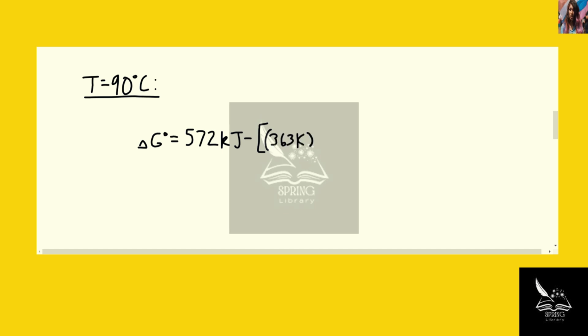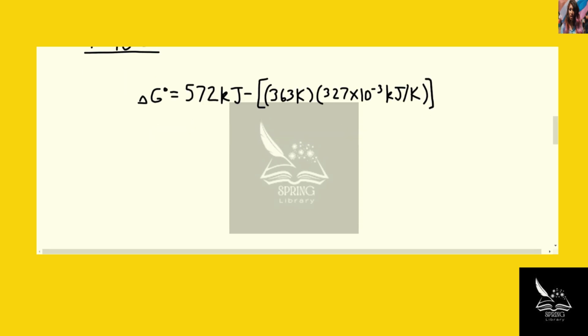And then delta S, when we convert to kilojoules again, is 327 times 10 to the negative third kilojoules per Kelvin. And so when we calculate that out, the change in Gibbs free energy at standard conditions at 90 degrees Celsius is equal to about 453 kilojoules.